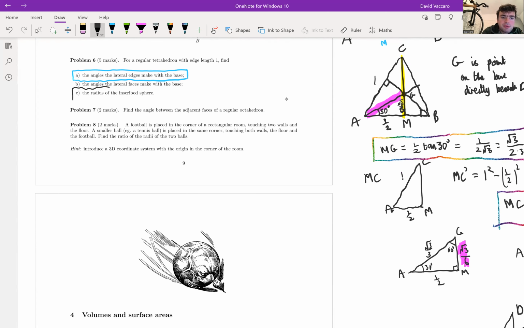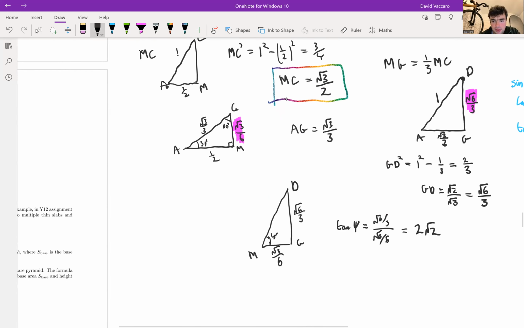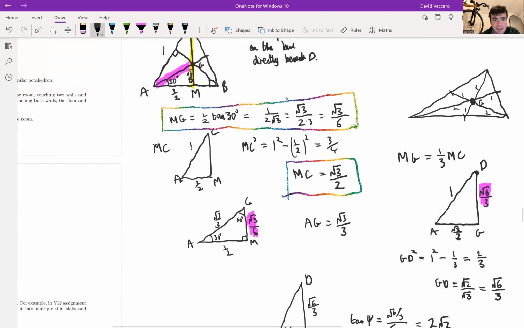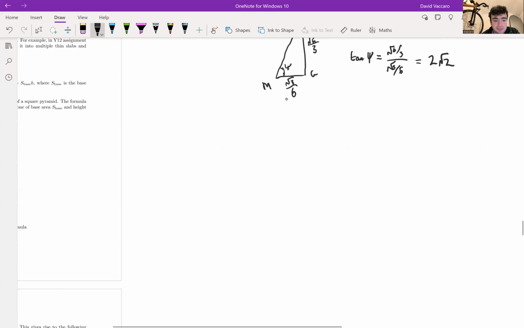Right, the last bit of the question says find the radius of the inscribed sphere.